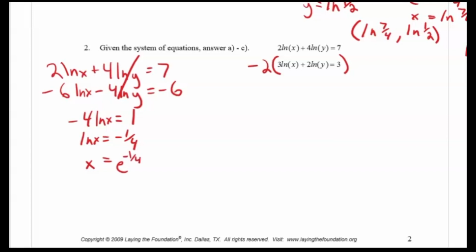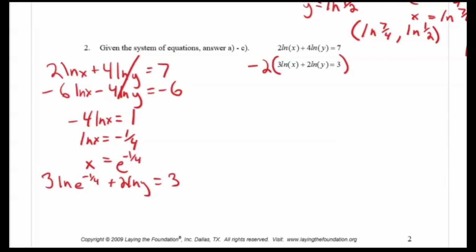We can go plug that back in to either one of these x's in the original equation. Let's use the second equation again. So that would be 3 ln of e to the -1/4 plus 2 ln of y equals 3.